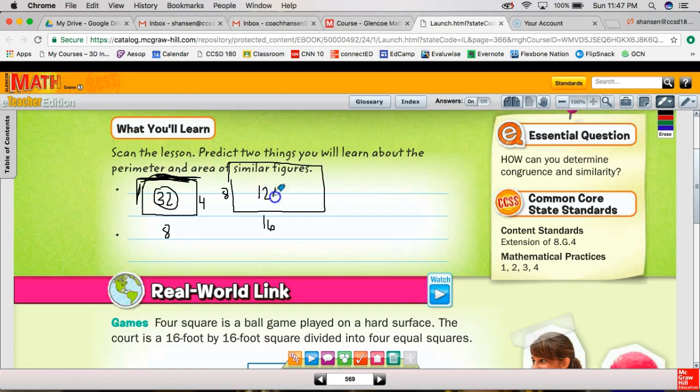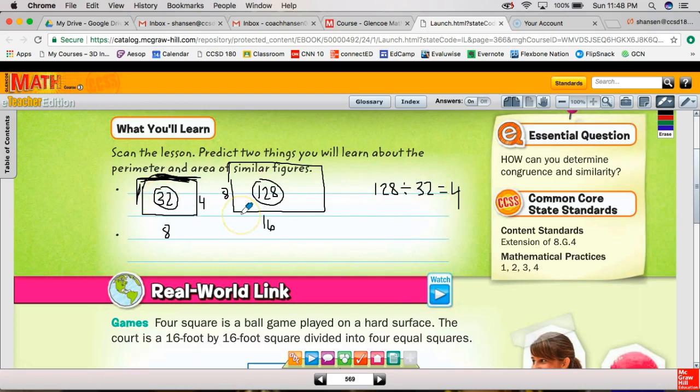By looking at what happens here, I can tell that if I were to divide these areas, 128 divided by 32, I can do that in my head. I don't know if you can. Not a big deal if you can or not. 128 divided by 32 should give you 4. What that means is this rectangle's area is 4 times bigger than this rectangle's area. That's what we just calculated.